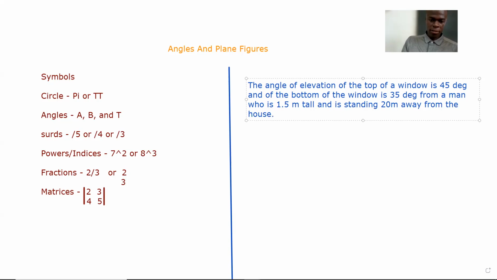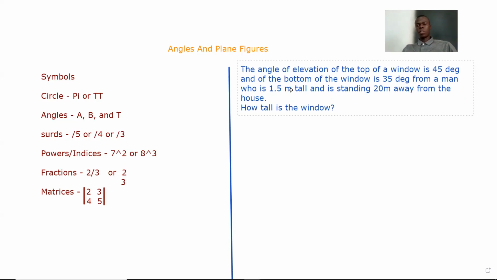So the question is, how tall is the window? Yep, so that can be a question that you want to solve, or you're taking a student through.